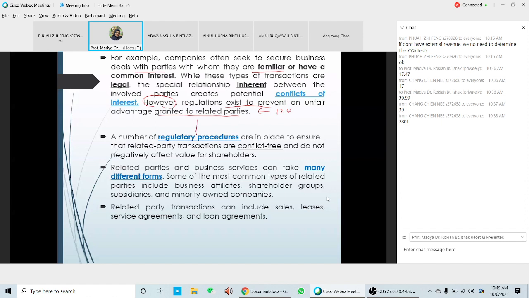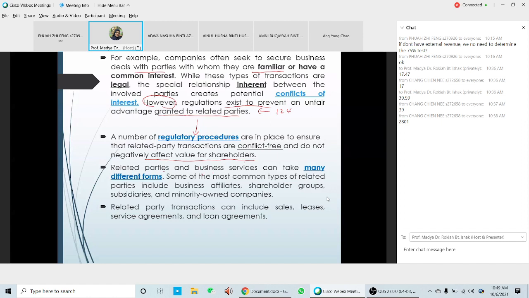There are a number of regulatory procedures in place to ensure that related party transactions are conflict-free and do not negatively affect the value for shareholders. So we come up with regulatory procedures so that related party transactions do not affect the value of other shareholders.